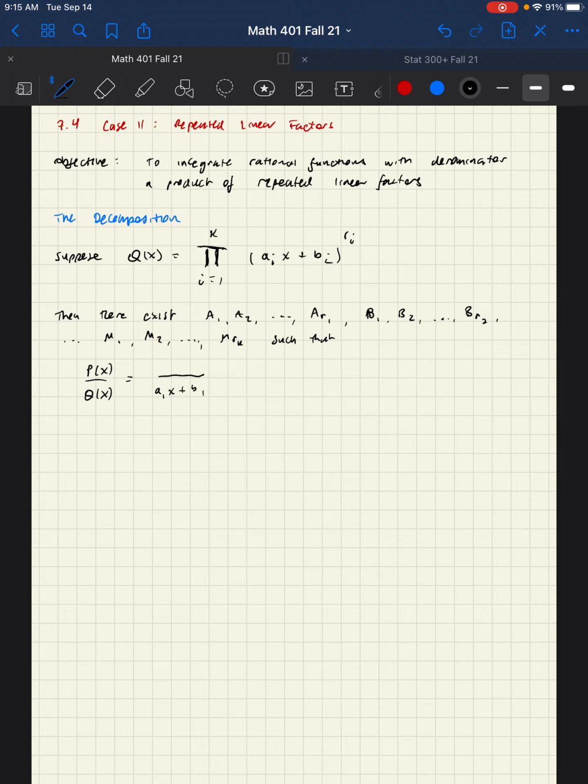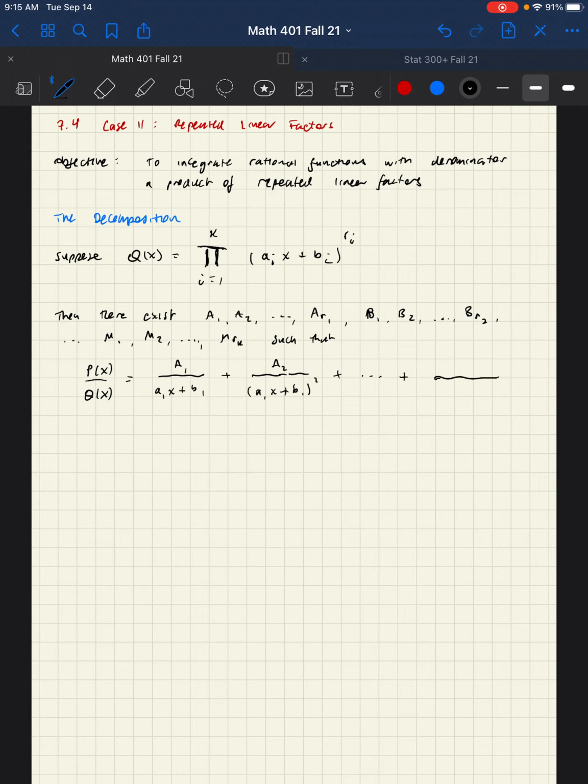a1 over a1x plus b1 is the first denominator with a sub 1 in the numerator, plus then the next one is going to be raised to the second power, so it's going to be squared, but it's the same linear factor inside. Whoops, it's very messy. I'm going to try to be neater with my writing.